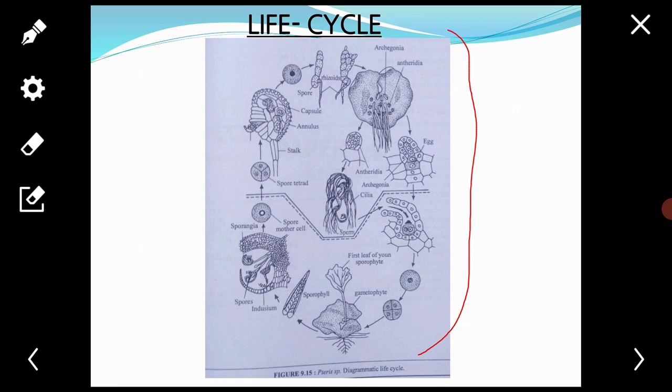As per your syllabus, the development of the sporophyte is excluded, so you do not need to learn about the development. Thank you.